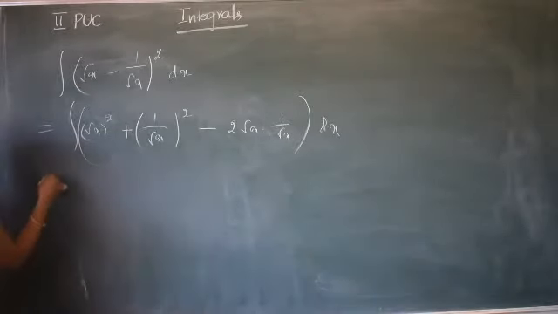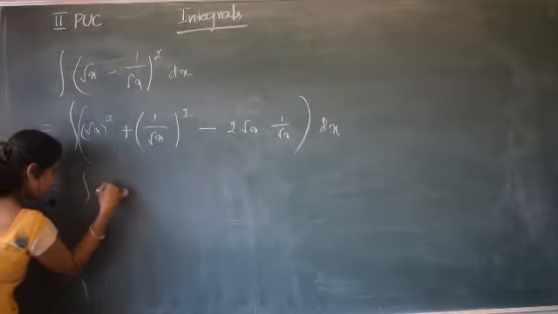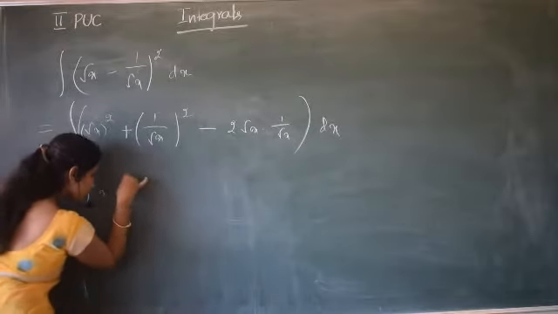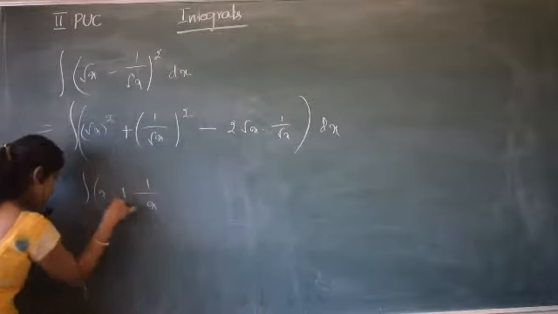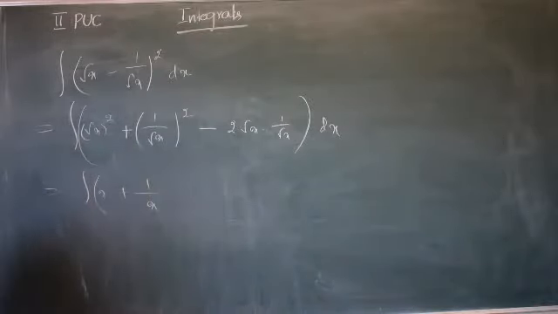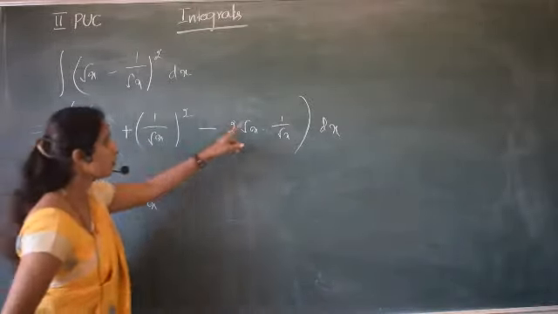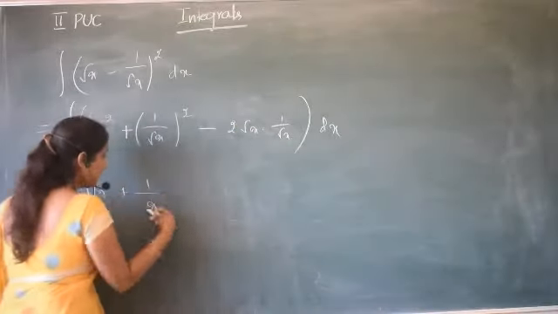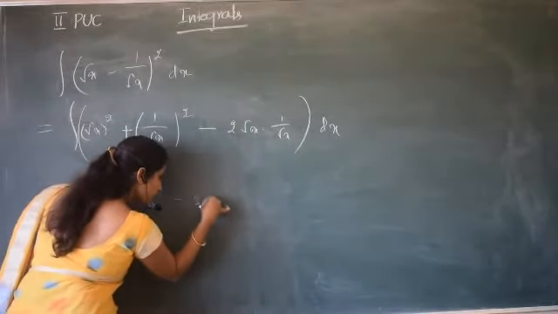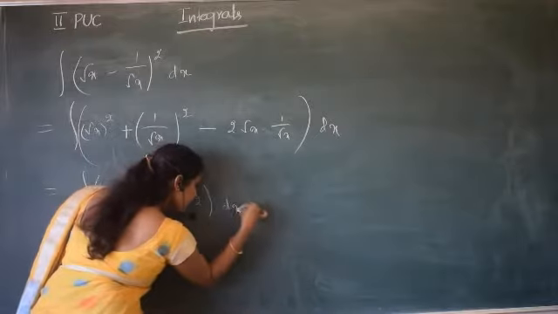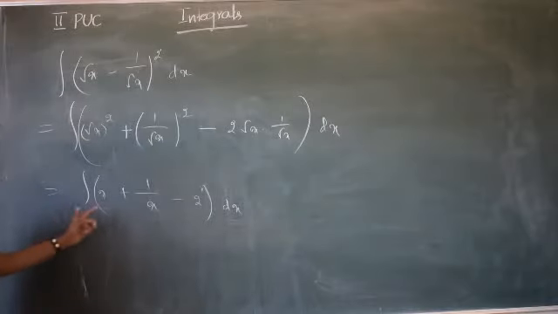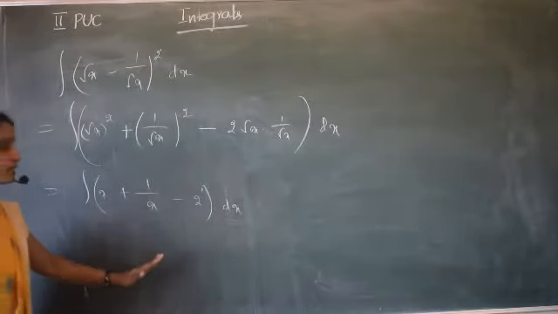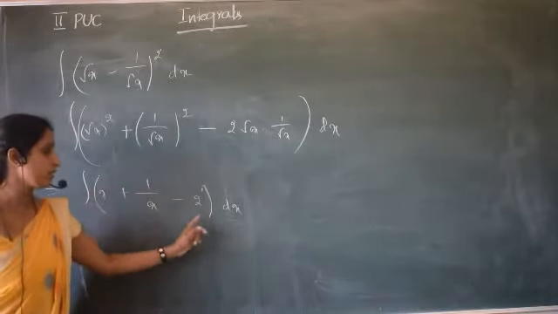So this will be equal to integral of x plus 1 by x, then root x cancels, and we get only minus 2 dx. Now no need to write separately integral of x dx plus integral of 1 by x dx and integral of minus 2 dx.